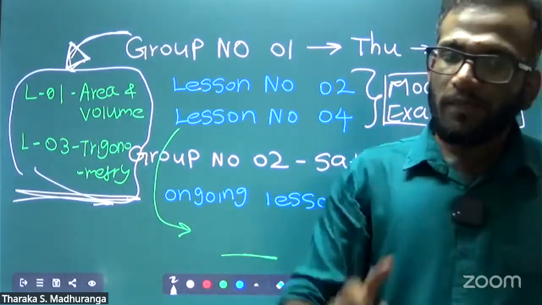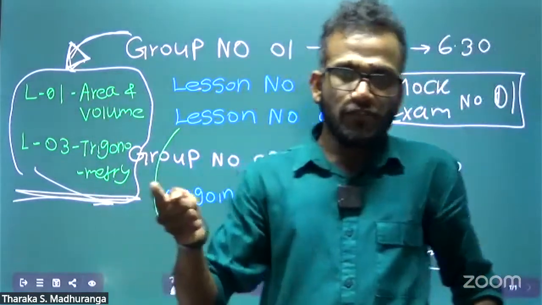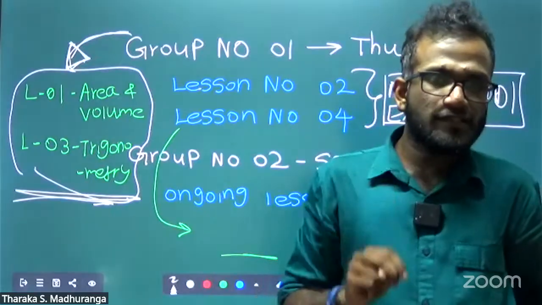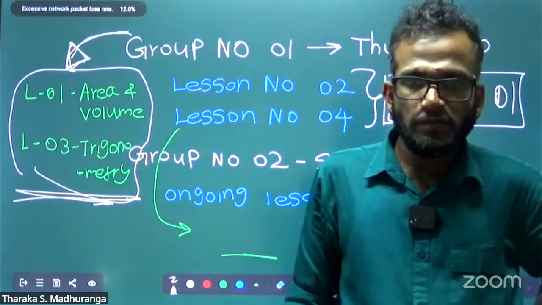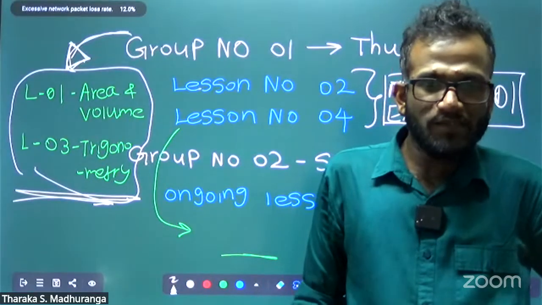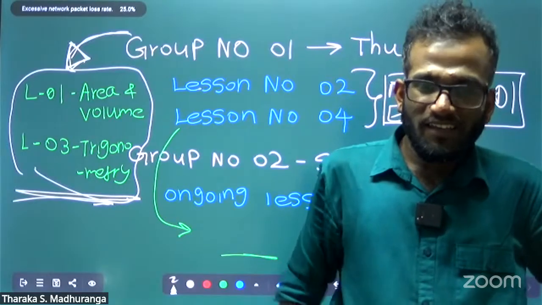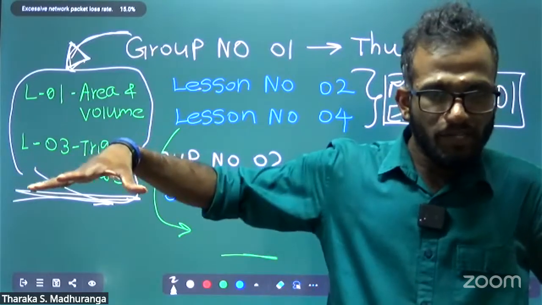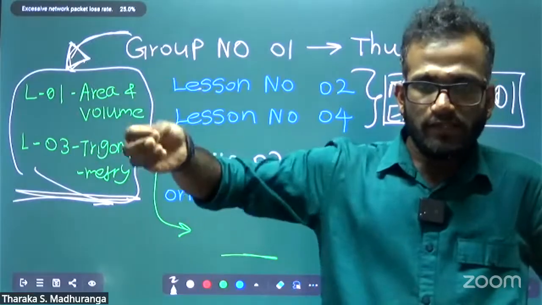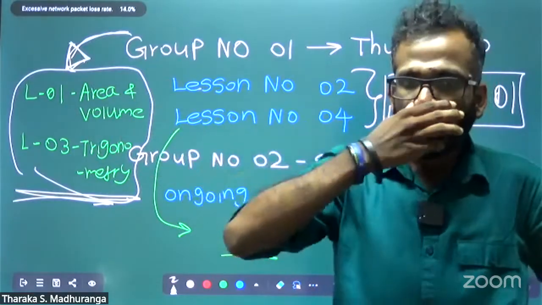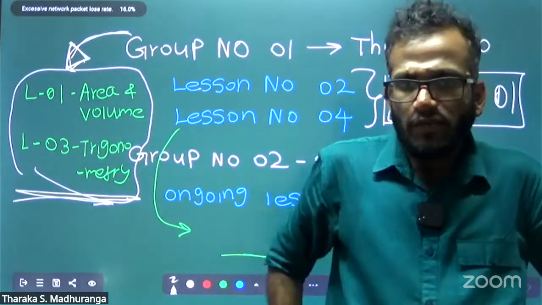The problem is that from next month, you have 2 days of classes. Only you have this problem. The Saturday class continues as usual, and additionally you have a weekday class. I have not decided.